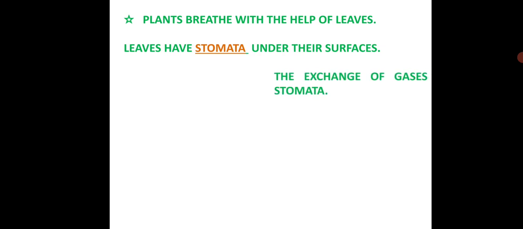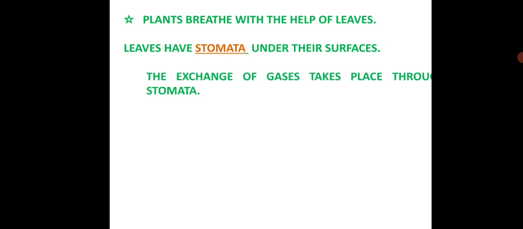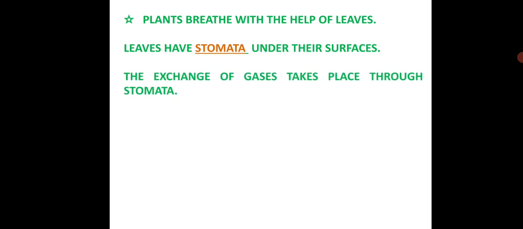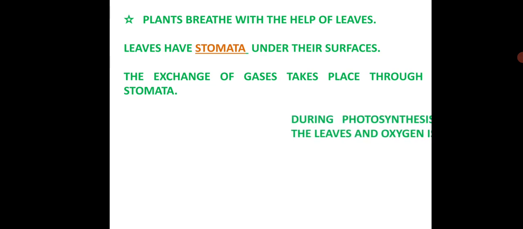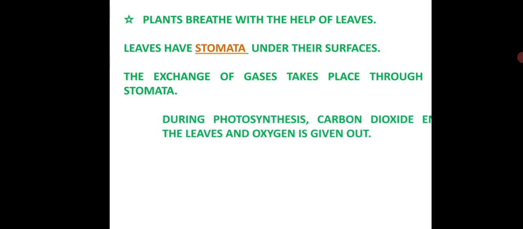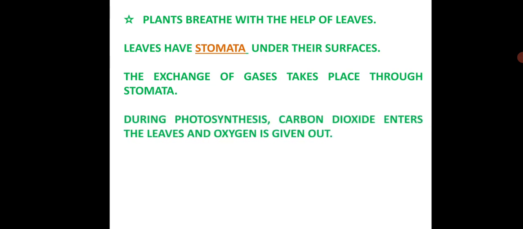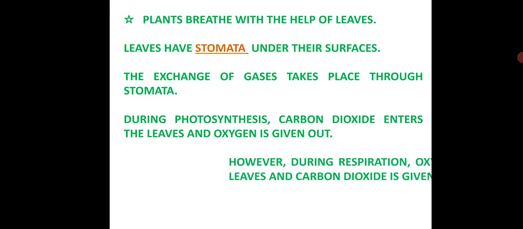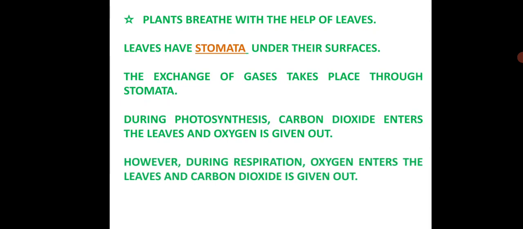The exchange of gases takes place through the stomata. During photosynthesis, carbon dioxide enters the leaves and oxygen is given out. However, during respiration, oxygen enters the leaves and carbon dioxide is given out.